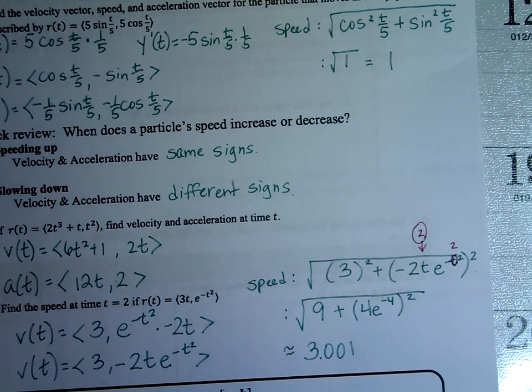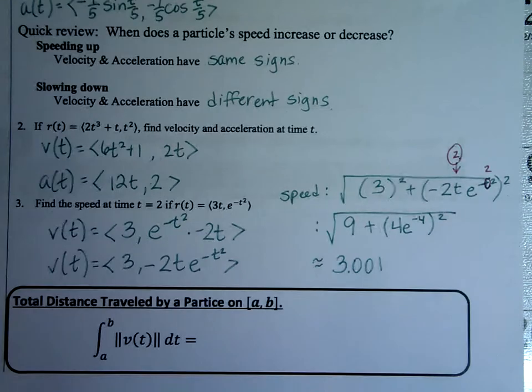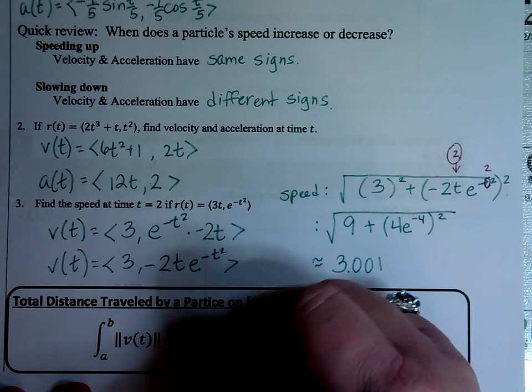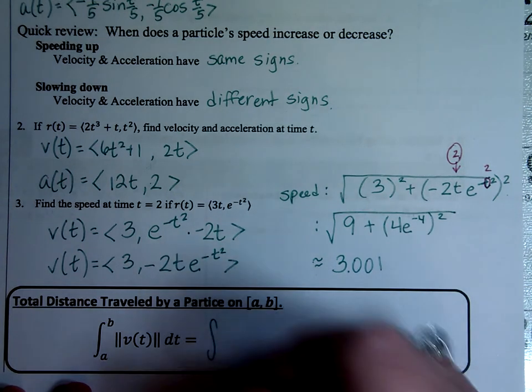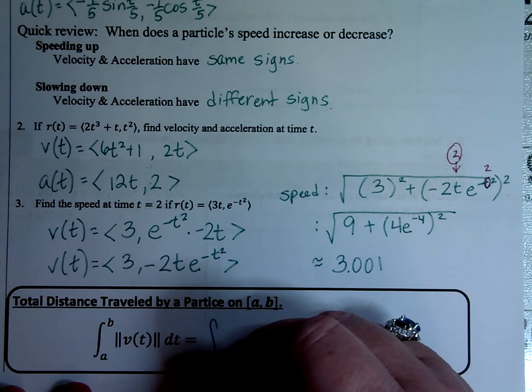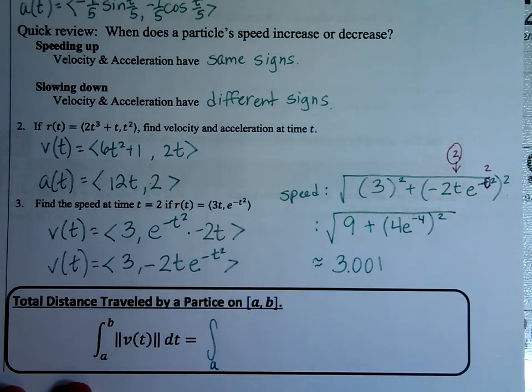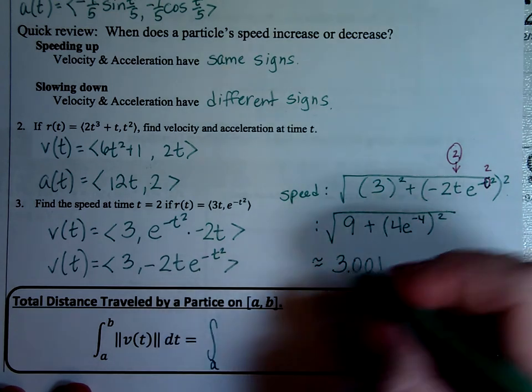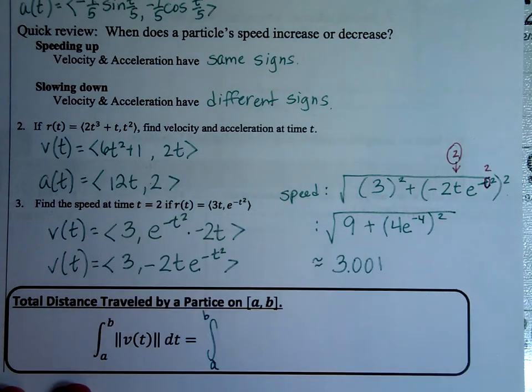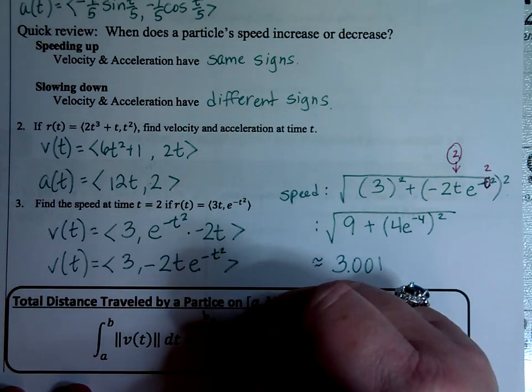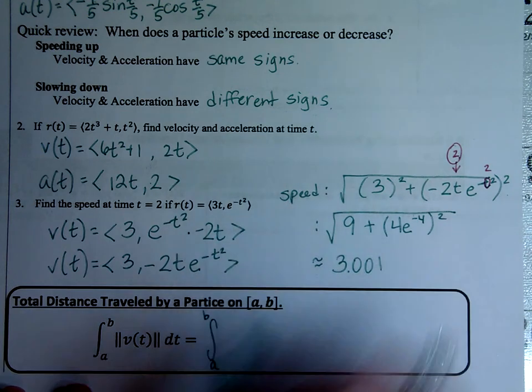So total distance traveled is the next thing they're going to bring up, and guess what? It's really similar to what speed is, but now you're looking at it between two values, an A value and a B value, a starting place and a stopping place. How you find the total distance traveled is to take the integral. If I want to know a distance, I'm going to look for integrals, and that's going to be the integral from A to B of, now what's another way I could say this?